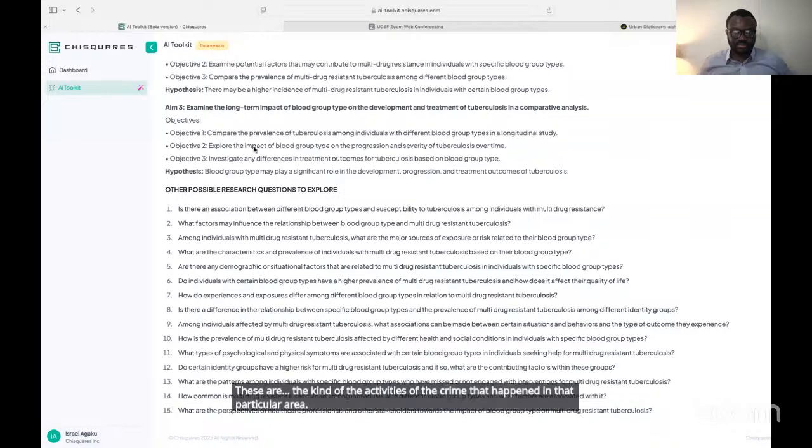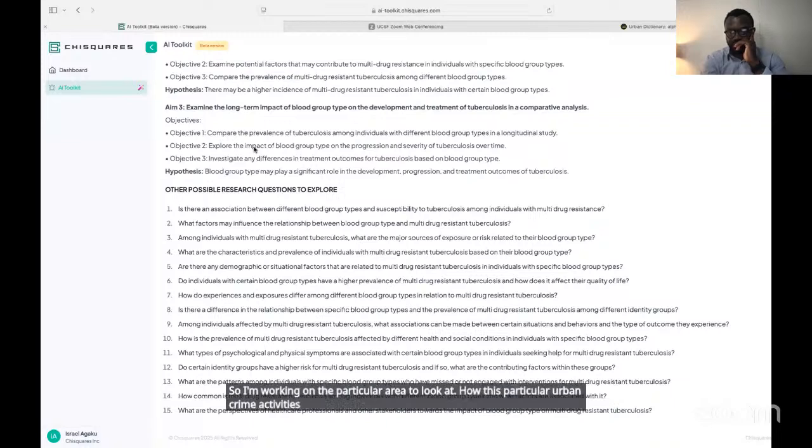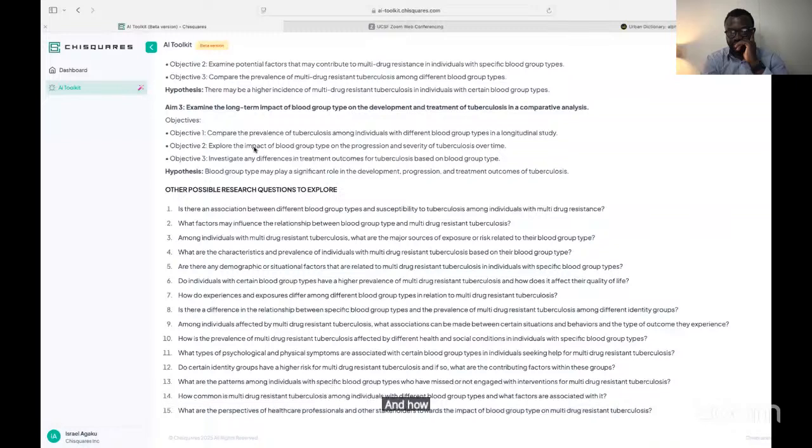I'm trying to look at those areas as clusters, as planned and unplanned areas, to see how these urban crime activities affect the environment and what the crime patterns will look like, because some of the urban areas are planned and unplanned.